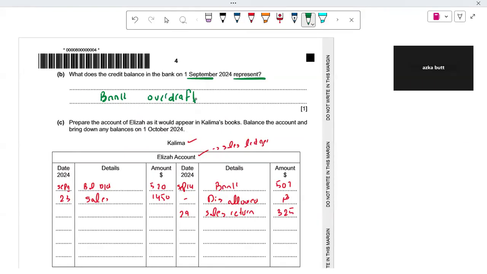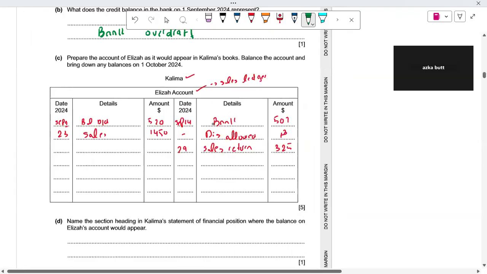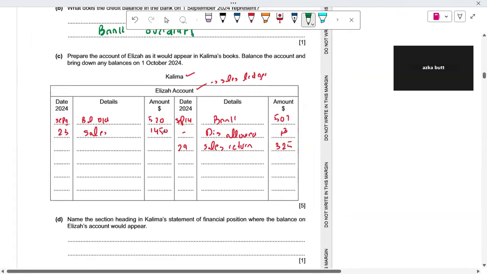Okay. So now let's calculate the Elizah account. Okay, so it is clear that the debit side is the heavy side. Just add the 1450 with the 520. We are going to balance it. So this is 1970.